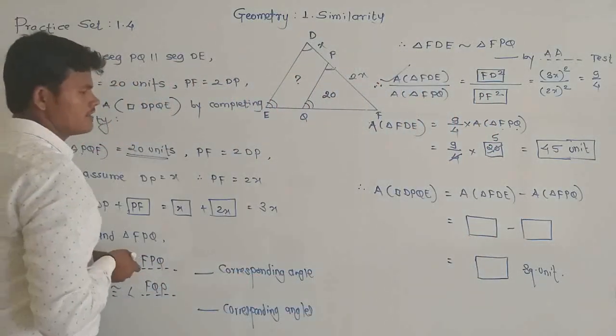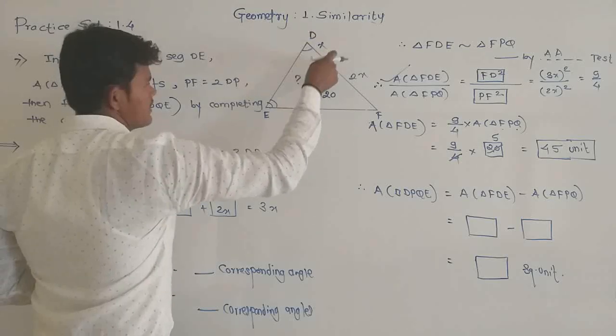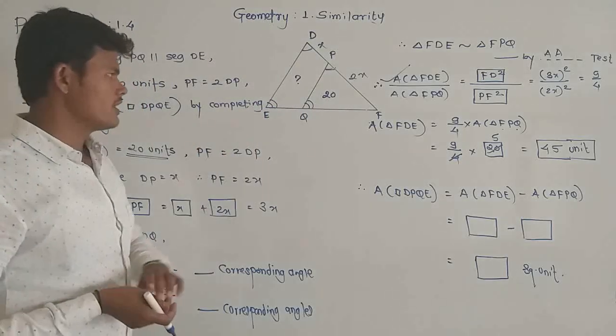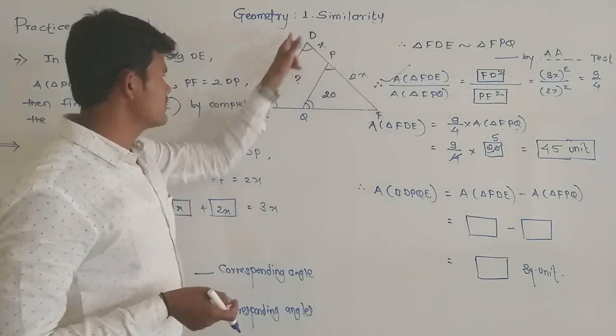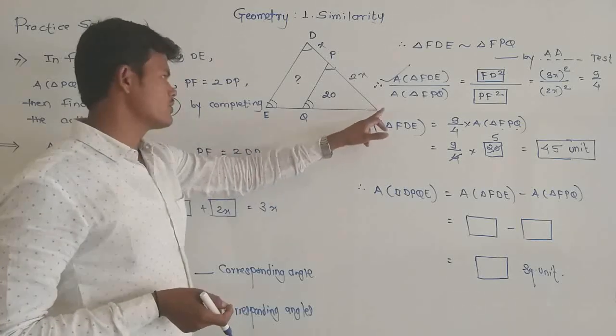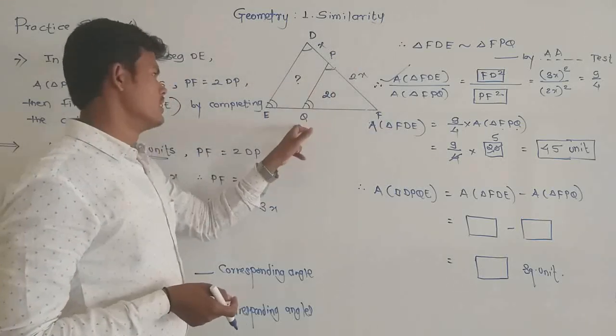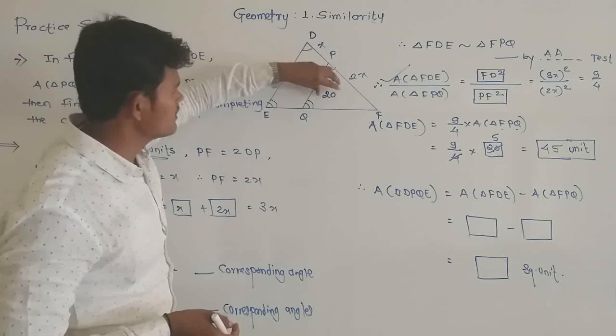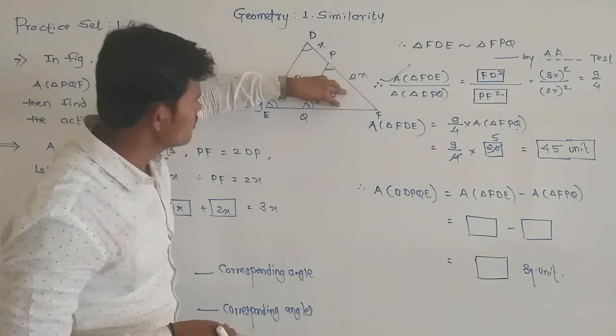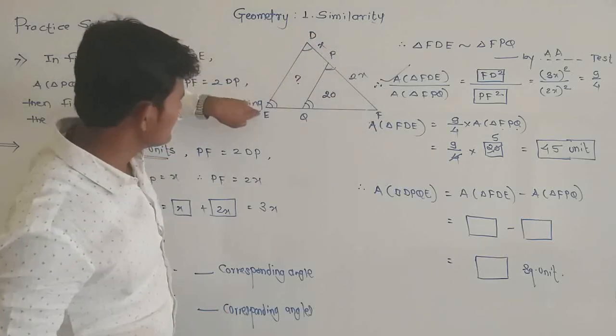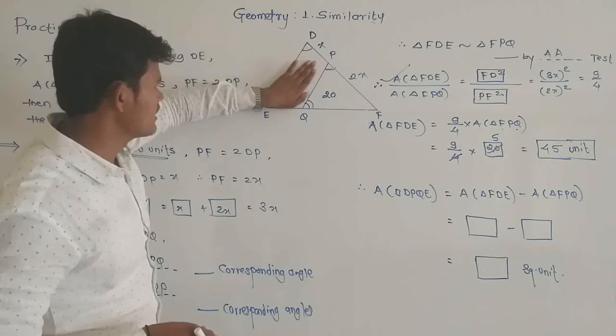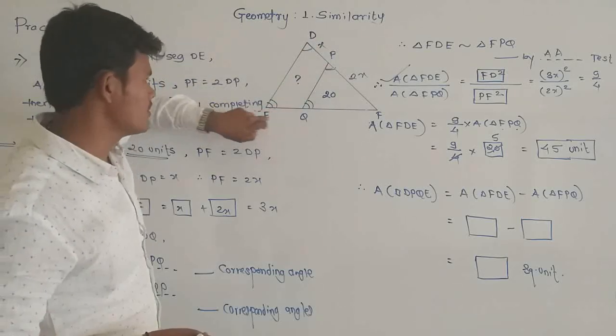Now we have to find the area of quadrilateral DPQE. We know the area of triangle FDE and the area of triangle FPQ. After subtracting the area of triangle FPQ from triangle FDE, we get the area of quadrilateral DPQE.